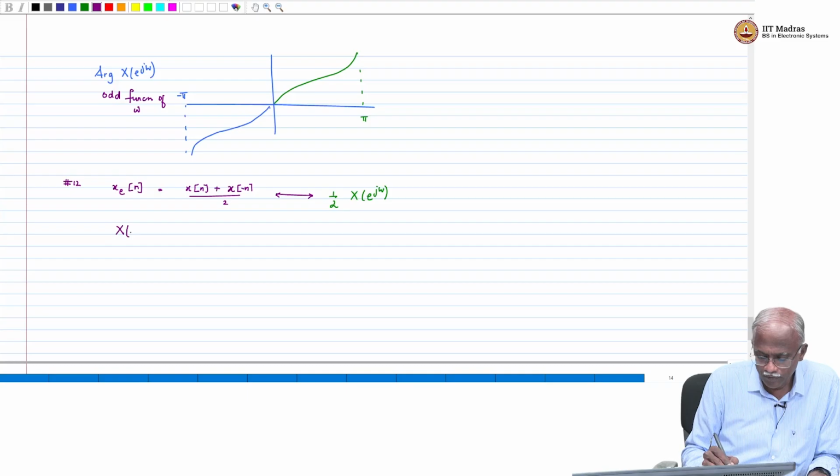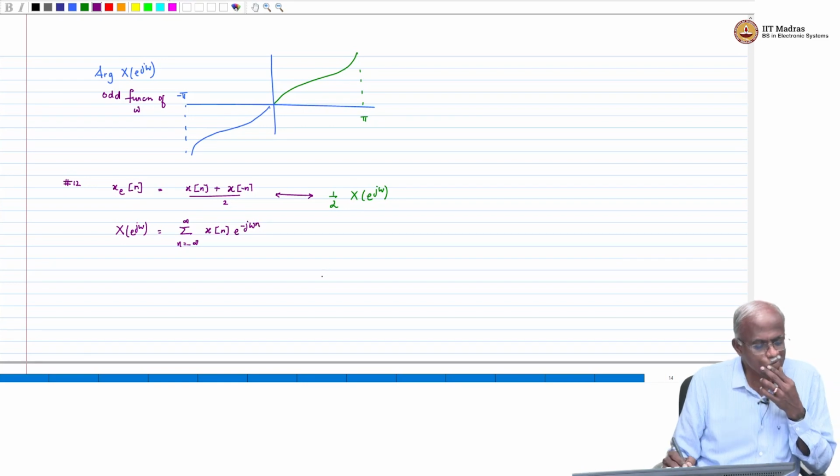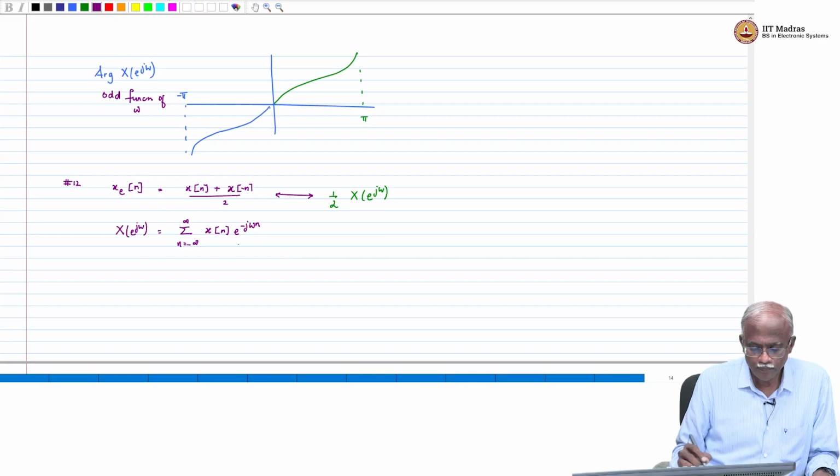Okay, you have X(e^{jω}) equal to summation n equal to minus infinity to infinity x of n e power minus jωn. Okay.